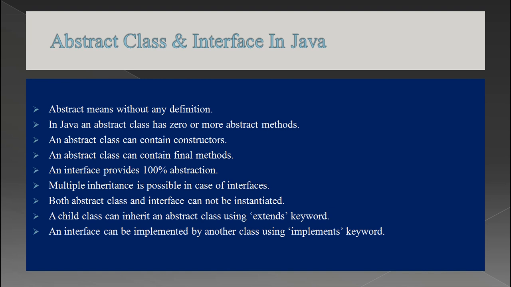Abstract class is used for reuse. This concept is used for reusing the same code, meaning that the child classes of that abstract class can reuse the properties or methods of that abstract class. Another thing: abstract class provides security.